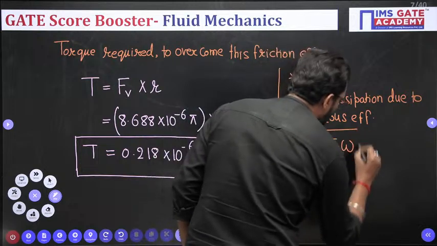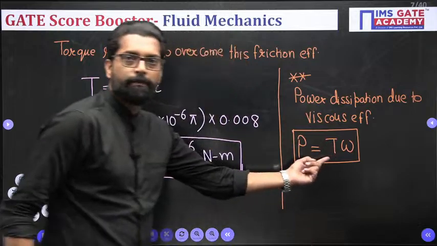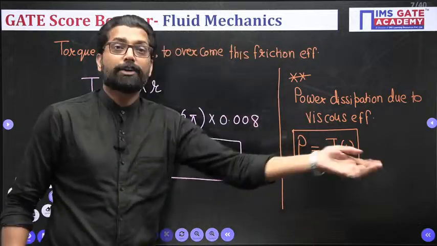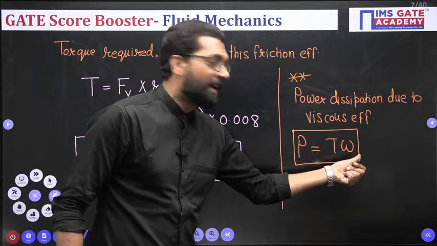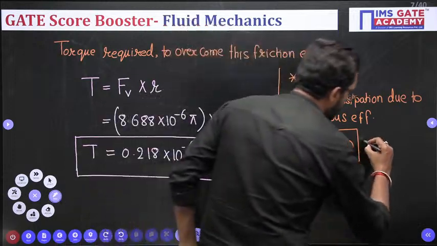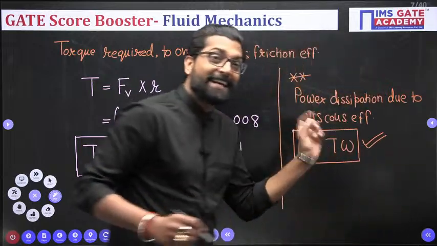That's it. If you have a torque, multiply it with the omega, and that is your power dissipation. That means this power is extra power.